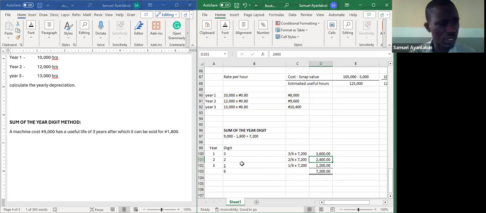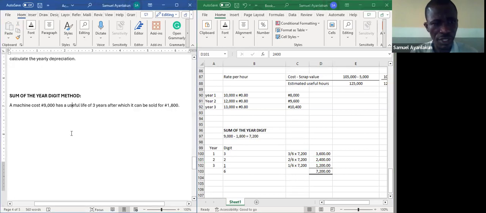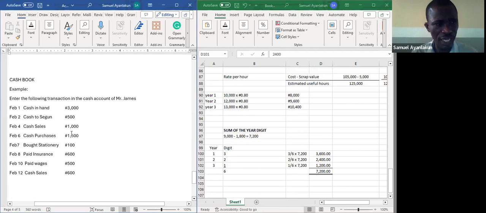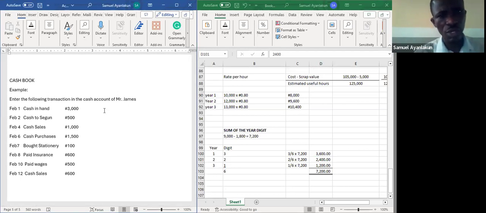So one more then, okay, that's for the decision. And I would also like us to look at this cash book. It's part of the lecture, which is in the video lecture. But I also want us to look into it one more time.